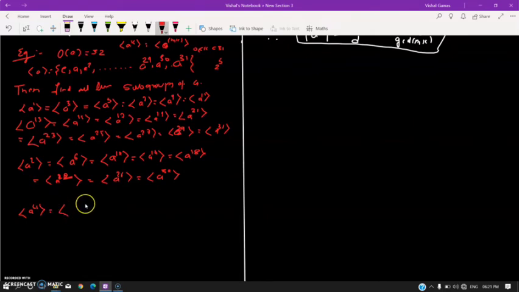What are the elements whose GCD is 4 with n. If I look at this, a4 is done, right?